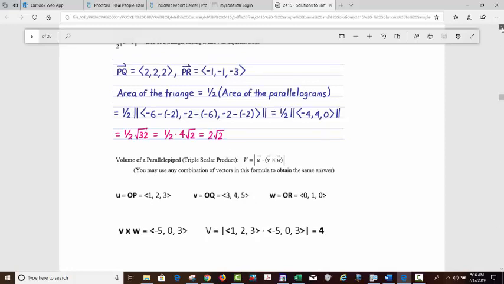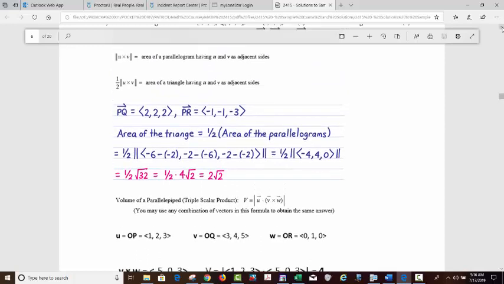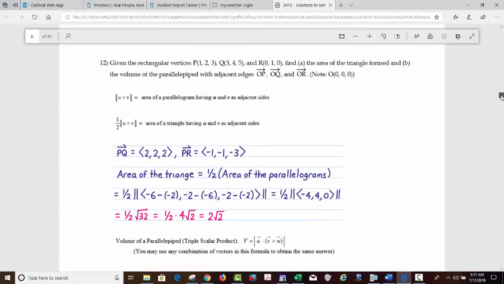You can use any combination of the vectors. Now, if you look at these vectors I came up with, I'm calling them U, V, and W. I'm doing OP, OQ, and OR. It looks like I just magically took those points, P, Q, and R, and automatically made them into vectors. No, I didn't do that. That would not be correct, but it's just coincidentally working out that way because I'm using O as my starting point, 0, 0, 0.